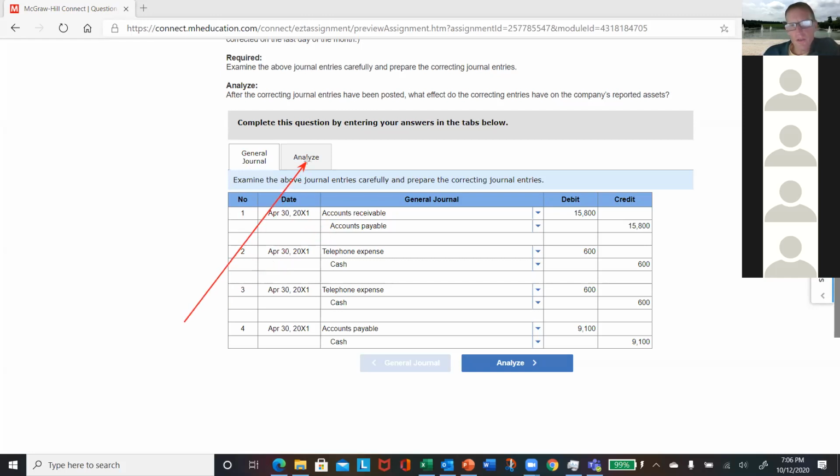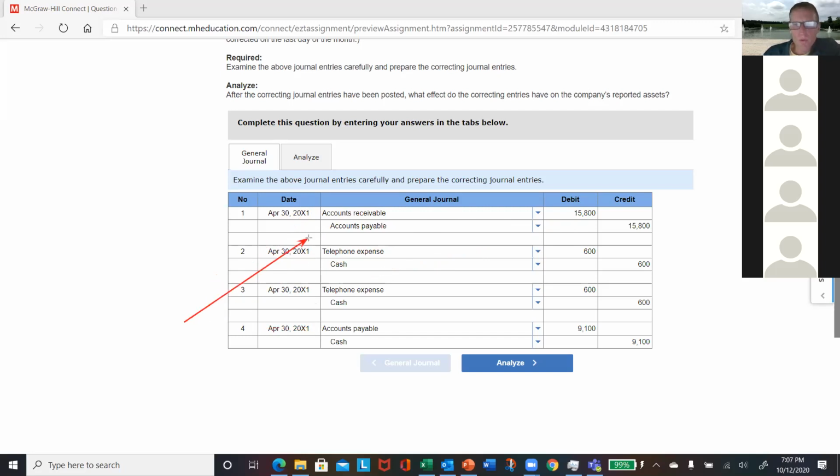So if we only had 1 correcting entry, for example, and they asked what would be the effect of the correcting entries on the company's assets, you would say that the company's assets would have gone up by $15,800. I'm just qualifying it, if that was the only question. But of course, we've got several of these to look at.